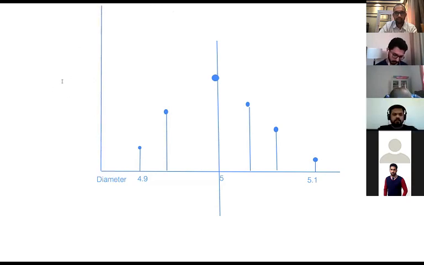I will write frequency. This vertical line represents frequency, the horizontal line represents diameter. And what we have done is called a frequency diagram. So out of the batch of 100, this is what you will see.